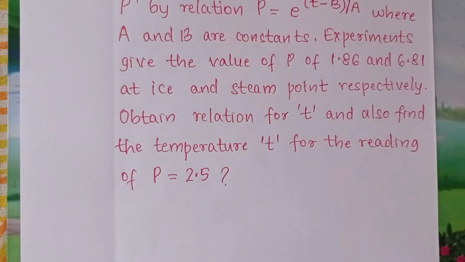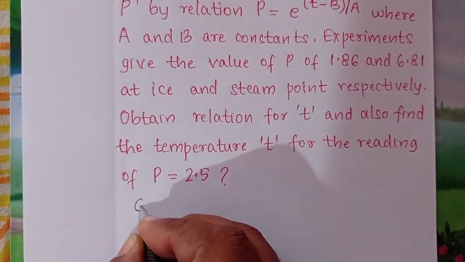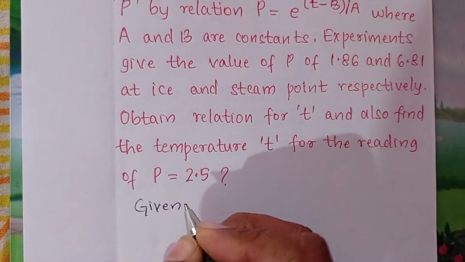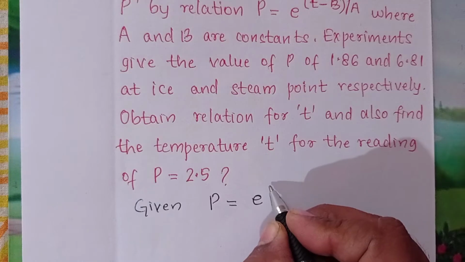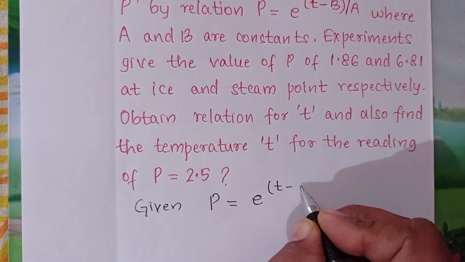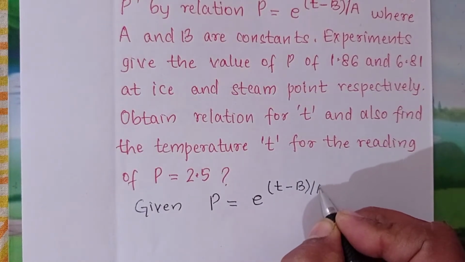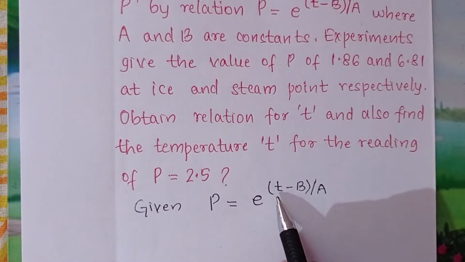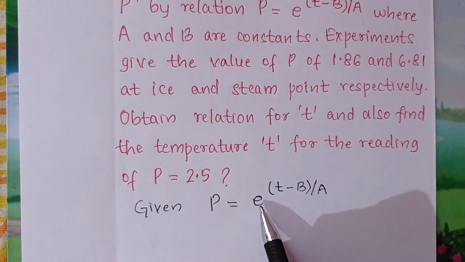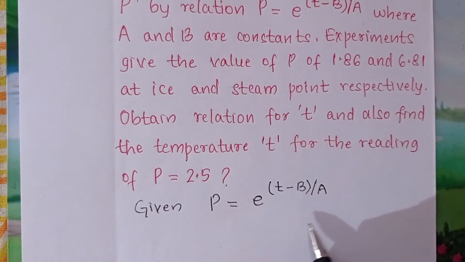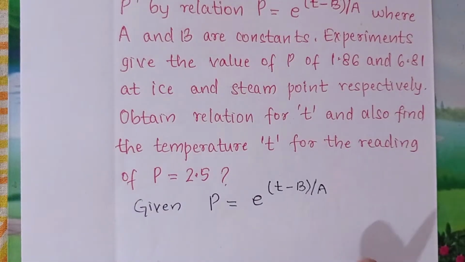So let us write the governing equation and then continue our discussion further. Given P is equal to e to the power T minus B by A. Please remember, it is not e to the power (T minus B) whole by A. It is not so.